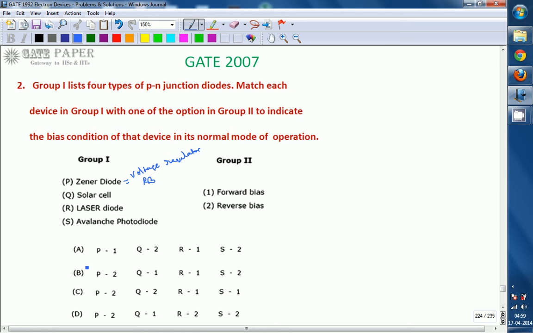Avalanche photodiode has the same principle, but it has more sensitivity because it has an internal multiplication region where it multiplies the small current generated by the light, so it has large sensitivity.